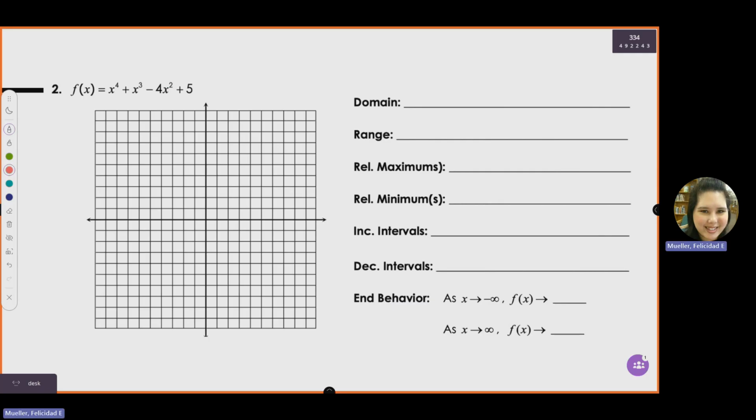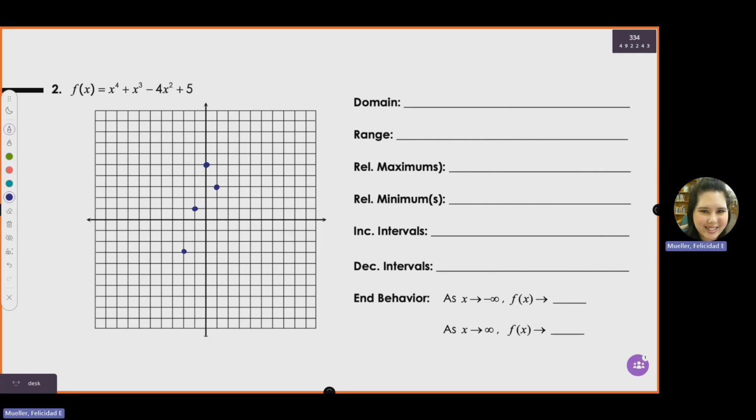So we graphed this, and then we're going to start off by graphing it over here. -2, -3, -1, 1, 0, 5, 1, 2, 3, 4, 5, 3.